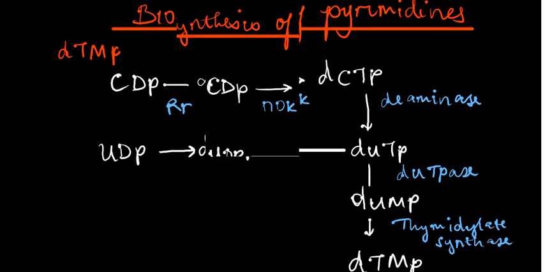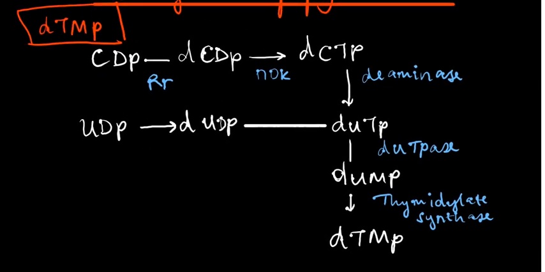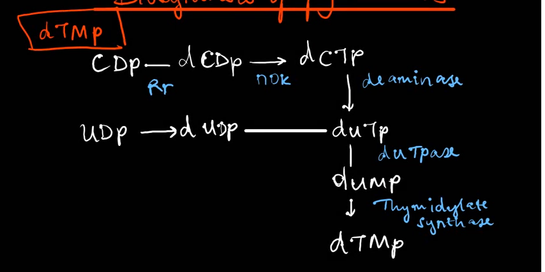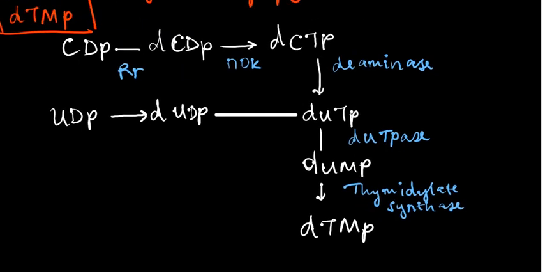For example, dTMP. So like you can see, there is a shifting of chemical reactions. We are moving from CDP going to dCDP, and so on and so forth. And as you can see, all these are the enzymes that are used to convert this.